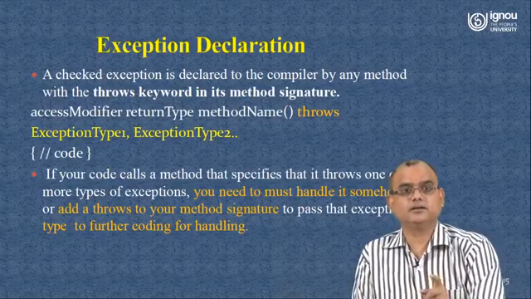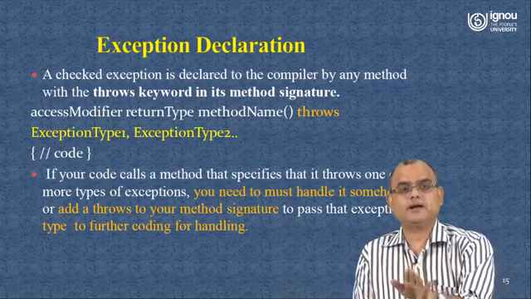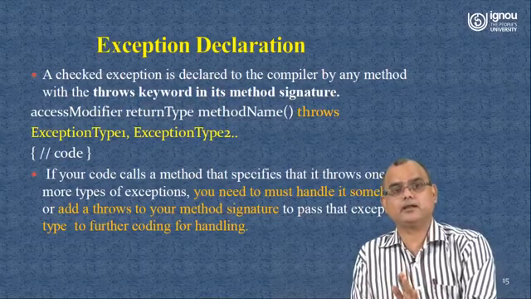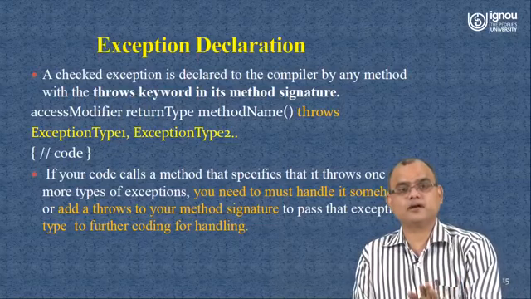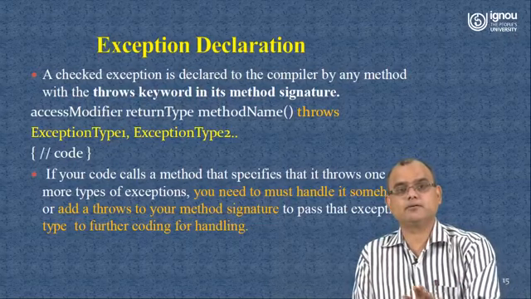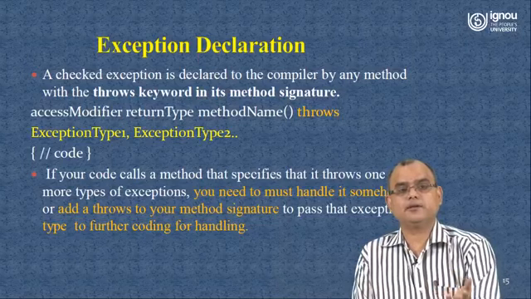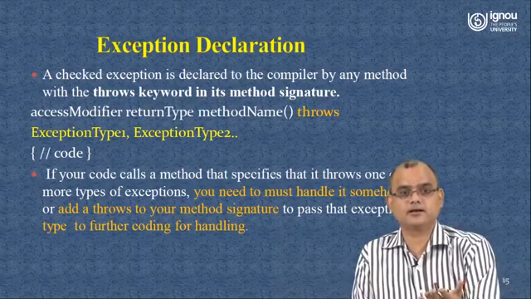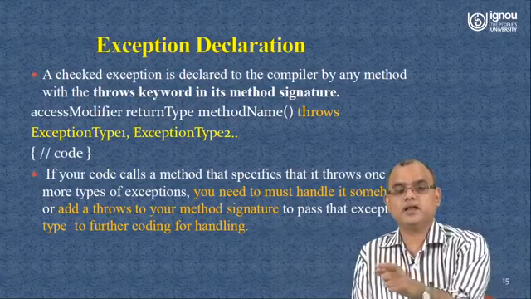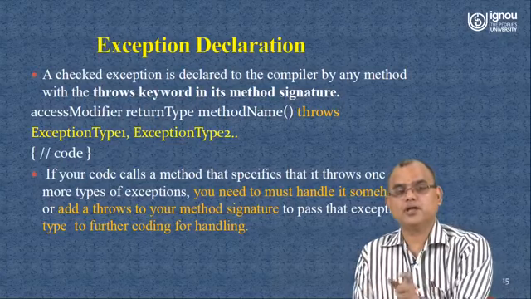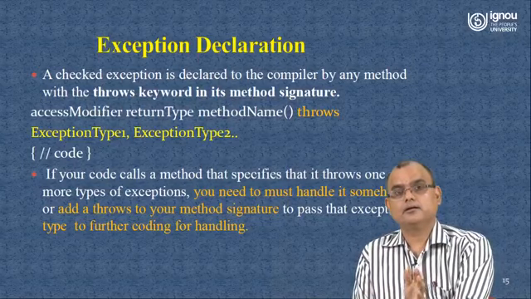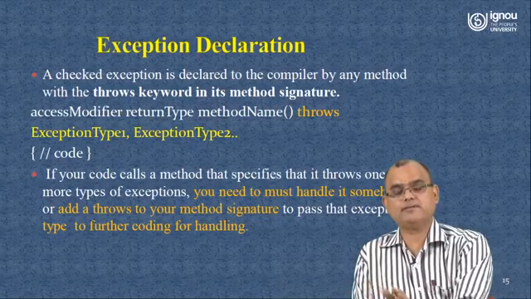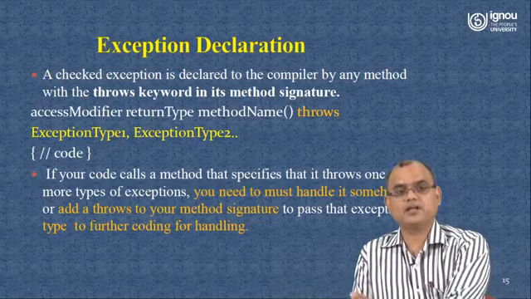Now here see, a checked exception means one for which we can write our own code to handle. So if we are going to create, let us say, our own method, then it will have its access modifier, then the return type, then the name of the method, then the throws clause will be used, and then the names of those exception classes, or the types of those exceptions, will be written here, comma separated.